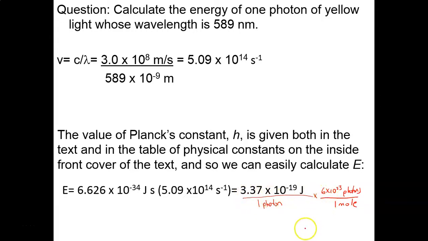That's like 18, 19 times 10 to the negative 19 and 23rd is about 10 to the 4th. So about 1.9 times 10 to the 5th. All I did is move the decimal point once to the left to get from the 4 to the 5. So that's joules per mole.